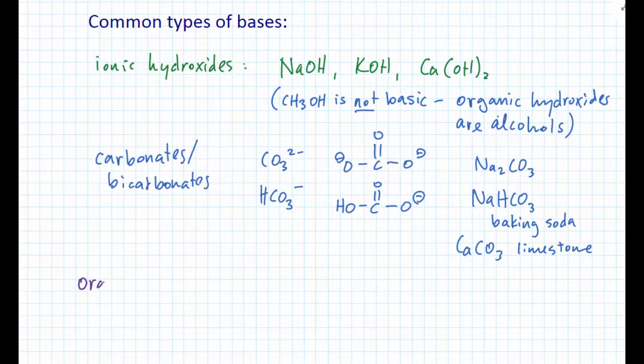Other ones are organic amines. What is an amine? What element does an amine contain? Yep. So NH3 is ammonia. That's the simplest. Okay.